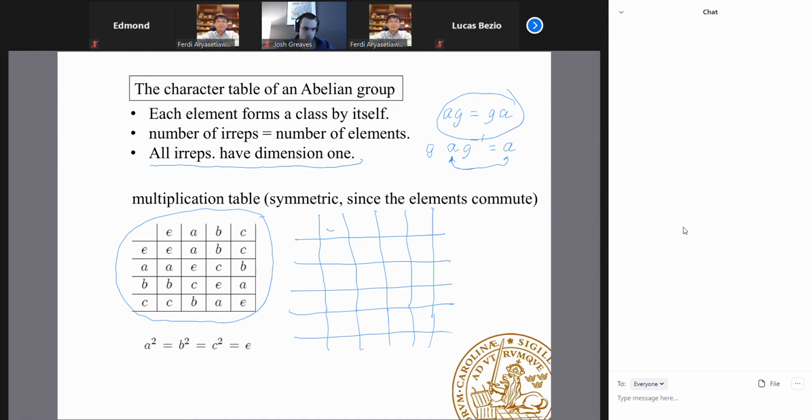So these are the elements and the representations T1, T2, T3, T4, like that. So as usual, we can fill in already the first row. So that's easy. And we also know that the dimension is 1. So then we can also fill in the column. So that's 1, 1. So I guess these are the dimensions.